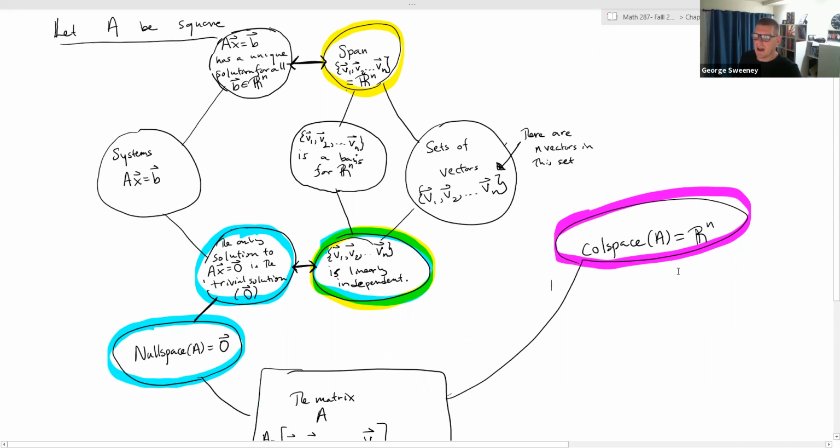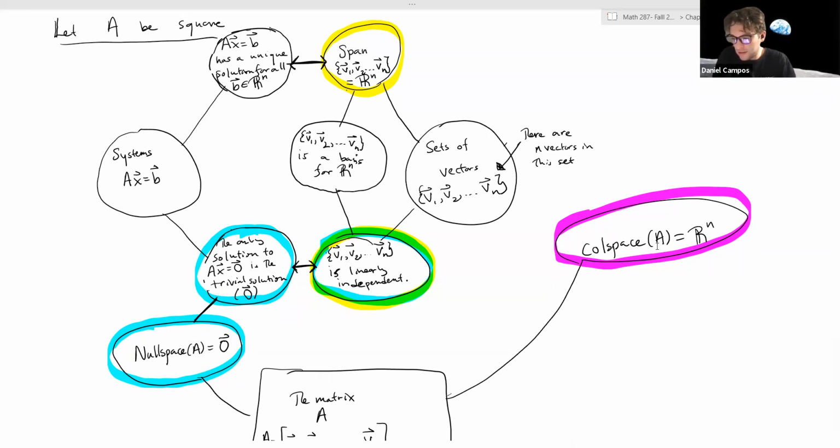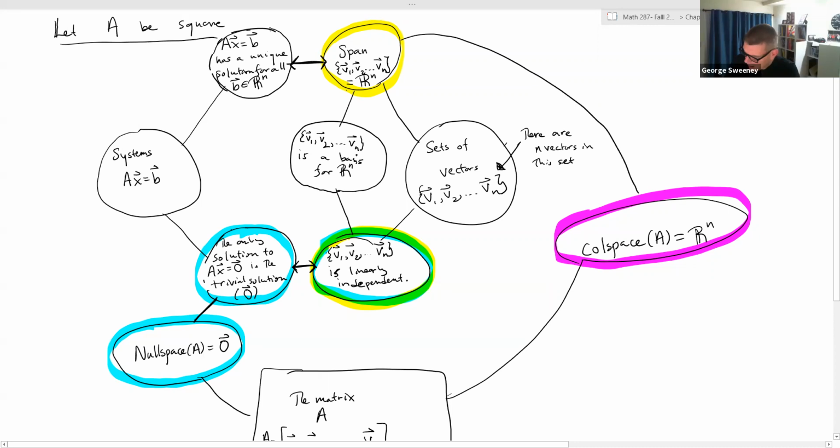If the column space of A equals Rn, and what it means to be the column space of A is the span of the column vectors of A, which one of these up here matches up with that? Yeah, would it be the span of v1, v2 through vn equals Rn? Yes. If you notice, the column vectors of A are v1 through vn.